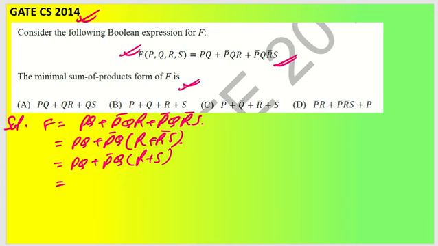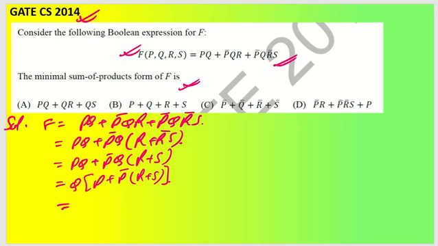Now we can take Q common from both of them, so I'll have Q into P plus P bar times R plus S. Now you see it is also of the form A plus A bar B. Sorry, here we have P bar, not Q, it is P bar.